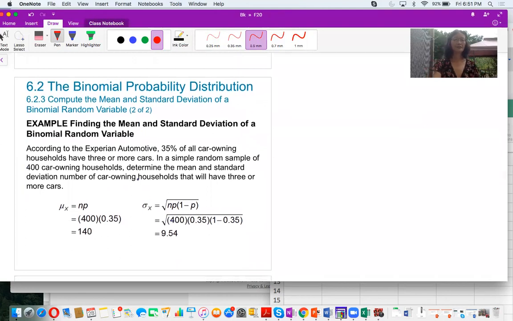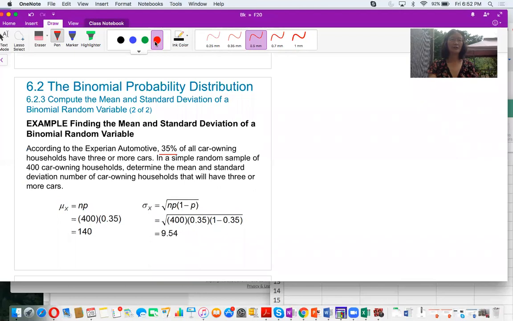Example. According to Experian Automotive, 35% of all cars owned in households have 3 or more cars. In a random sample of 400 car-owning households, determine the mean and standard deviation of the number of households that will have 3 or more cars.